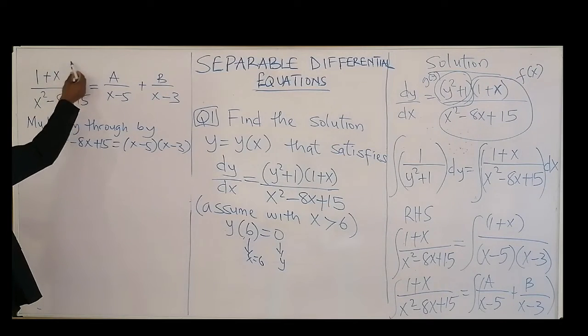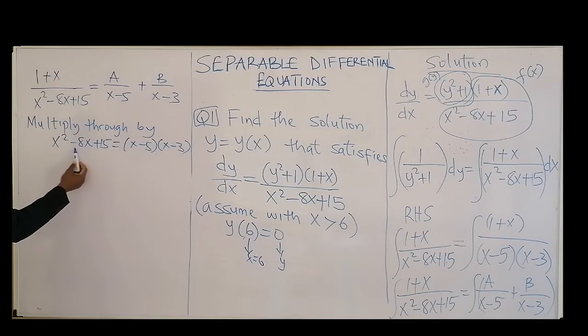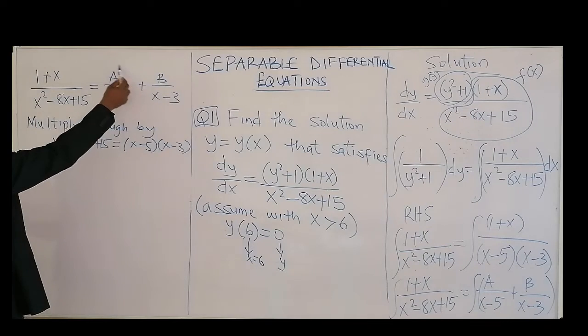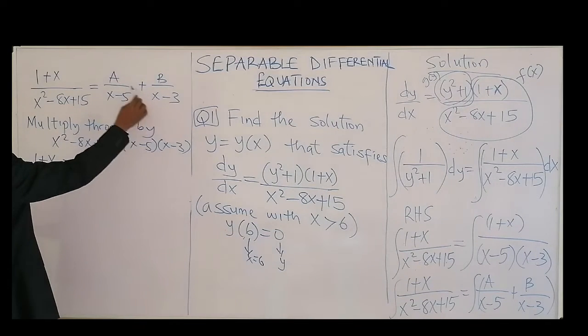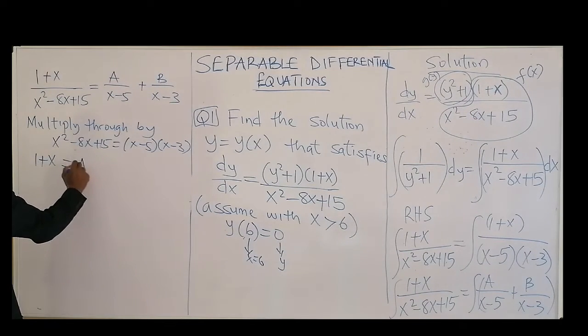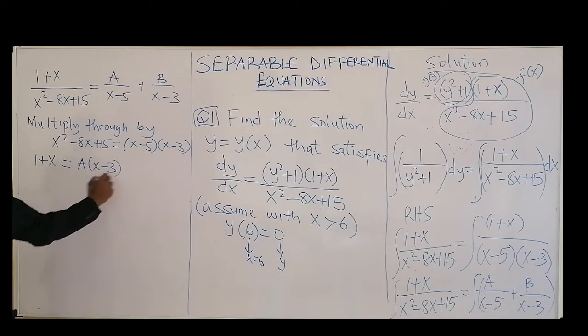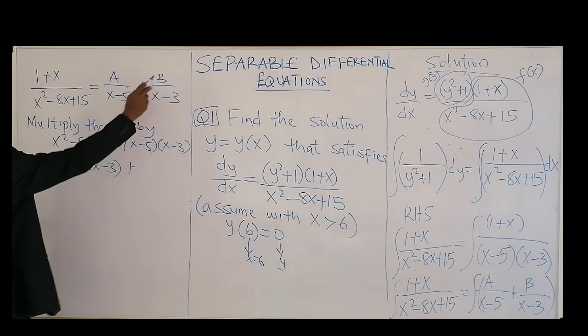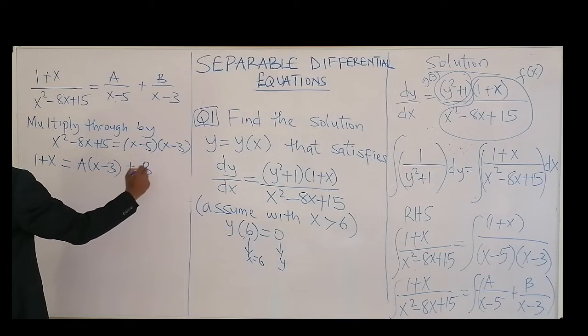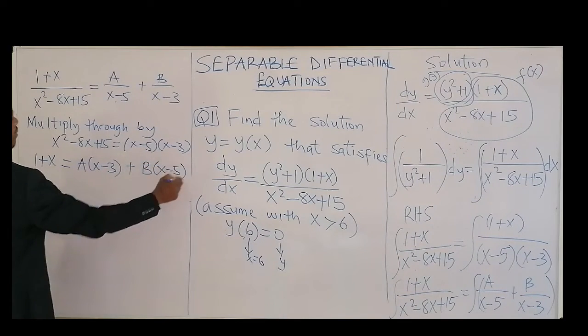The left hand side times this common factor gives 1 plus x. Here you don't have to waste your time, just cross multiply: A into bracket (x minus 3), then plus B into bracket (x minus 5).